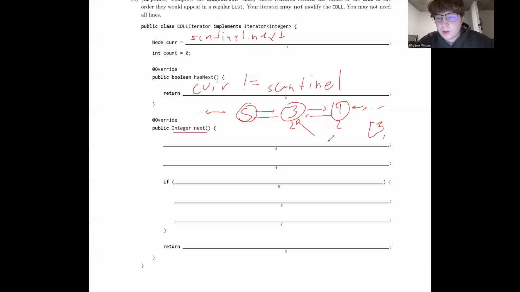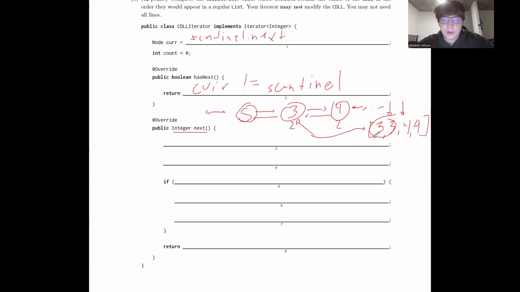So maybe 3, 3, 4, 4. This node corresponds to these 3s here. Maybe count is 1, we're on this element, which means we've already counted one of the elements. When count is 2, we're on this element, and so we've exhausted all the elements.